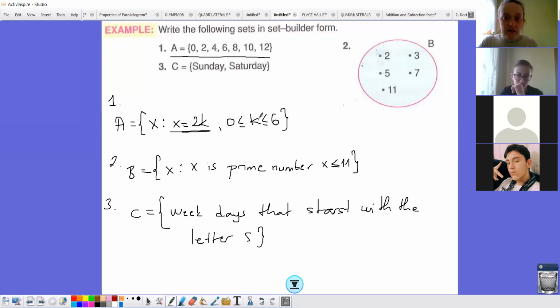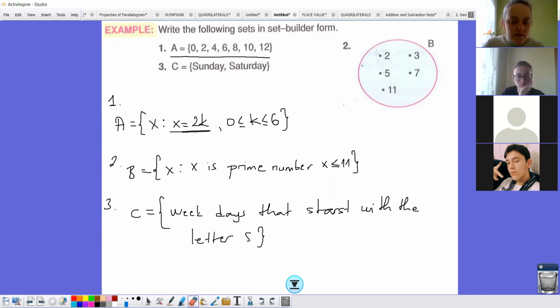And then K is the numbers between 0 and 6. So instead of K, when I write the number 0, I get X is 2 times 0, which is 0, the first element. If K is 1, X is 2 times 1, which is 2, the second element, and it continues like that. Okay? Yes, teacher. Okay, thank you. You're welcome.